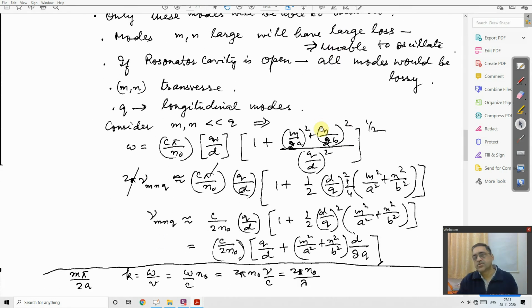Here we assume that our cavity supports mostly the longitudinal modes, and the transverse modes are very limited. So m and n are the integers corresponding to the transverse modes, and therefore m and n are very much smaller than q, the longitudinal index.